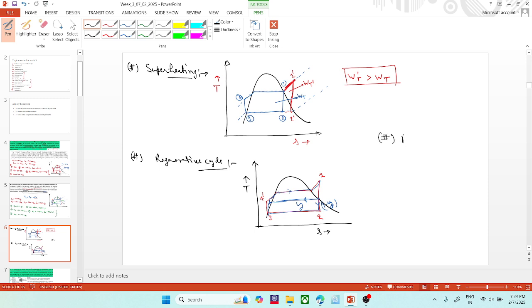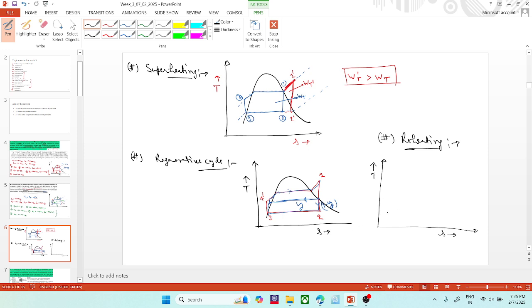Next is the reheating, and reheating is also done to increase the work ratio. Actually, what we do in the reheating, we expand the steam in some high pressure turbine, then again heat it, and then expand it in a low pressure turbine.